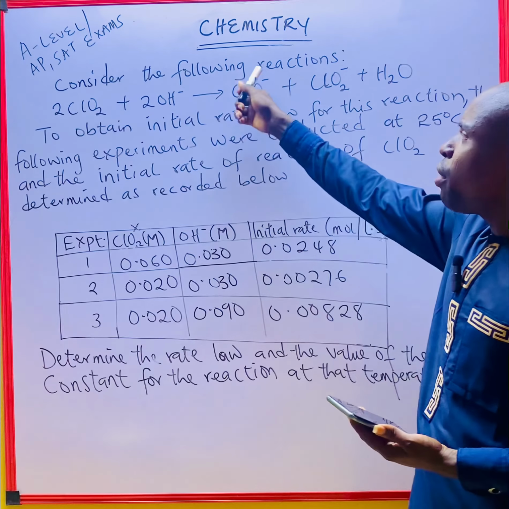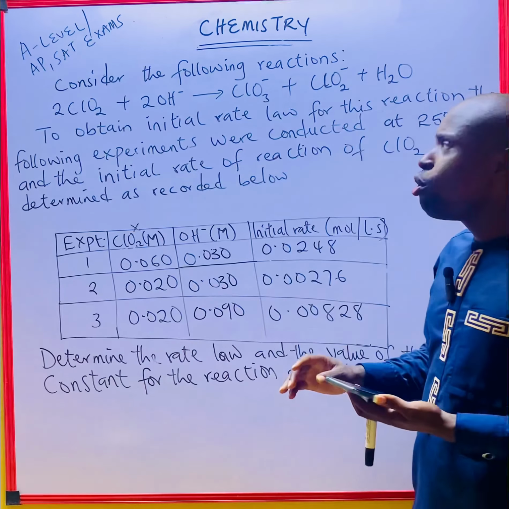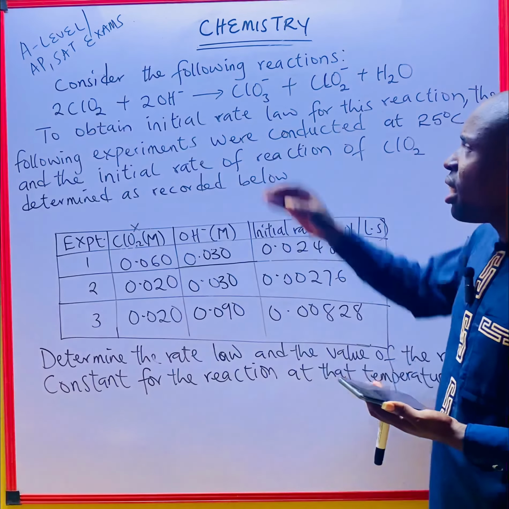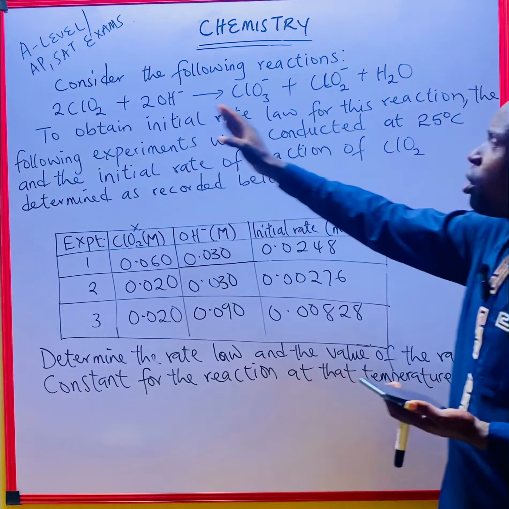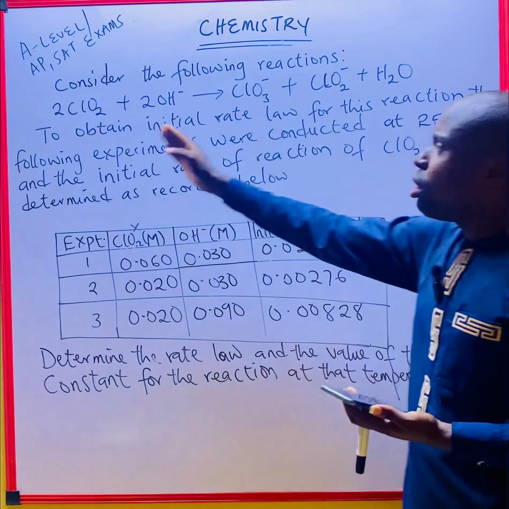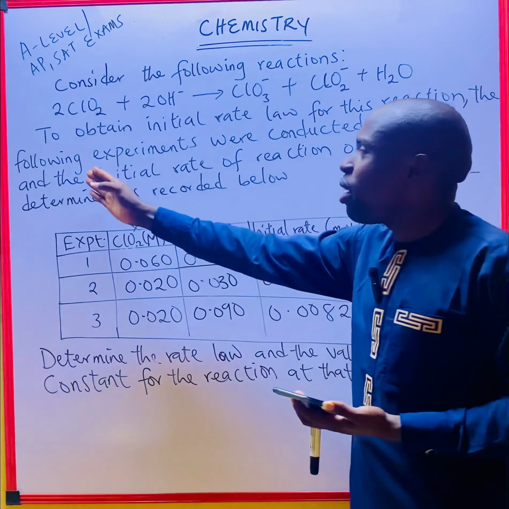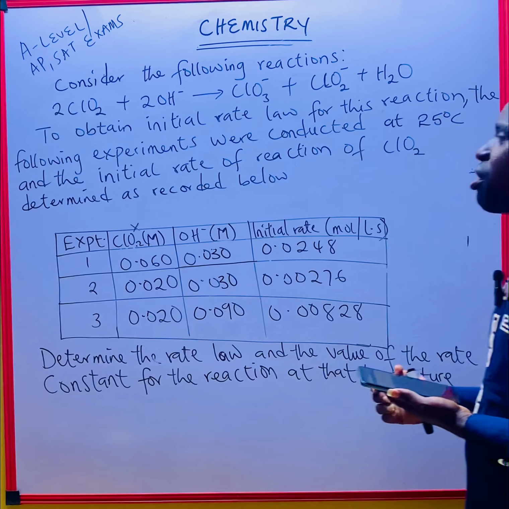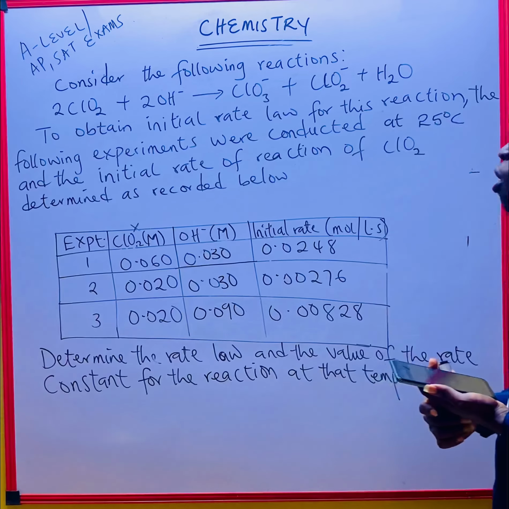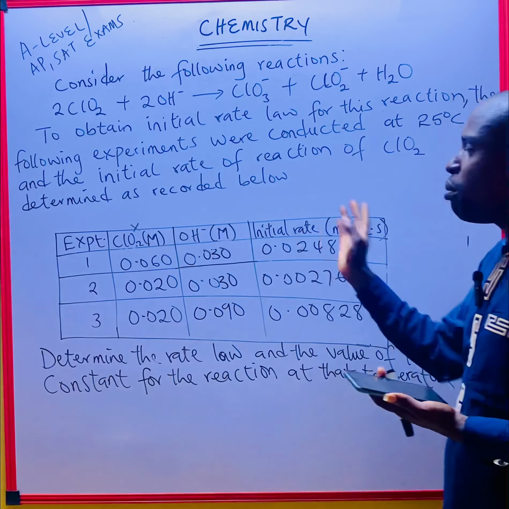Now, if you look at this question on the board, you will understand some certain things. This is the question given to us, which says, consider the following reaction. To obtain the initial rate law for this reaction, the following experiments were conducted at 25 degrees Celsius, and the initial rate of reaction of ClO2 was determined as recorded below.